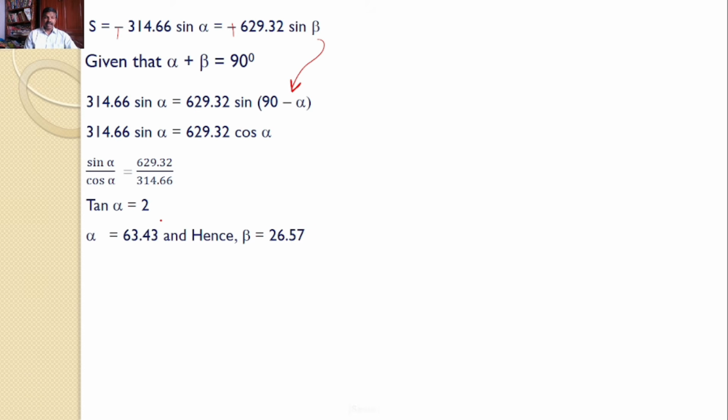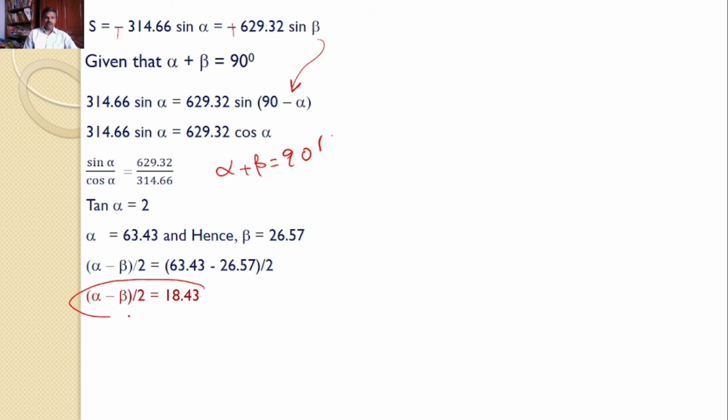And you can solve for alpha, and alpha is 63.43 degrees. If you know that alpha is equal to 63.43, you can calculate beta, since alpha plus beta is equal to 90, and hence beta is equal to 26.57. Hence the required answer for alpha minus beta by 2 is equal to 18.43. This is one of the answers for this problem.